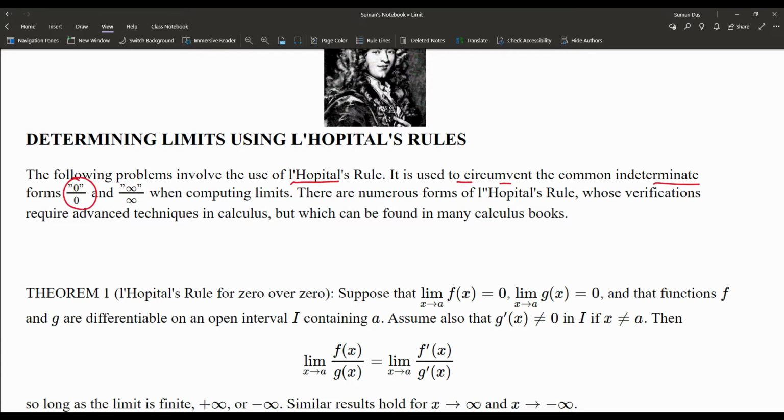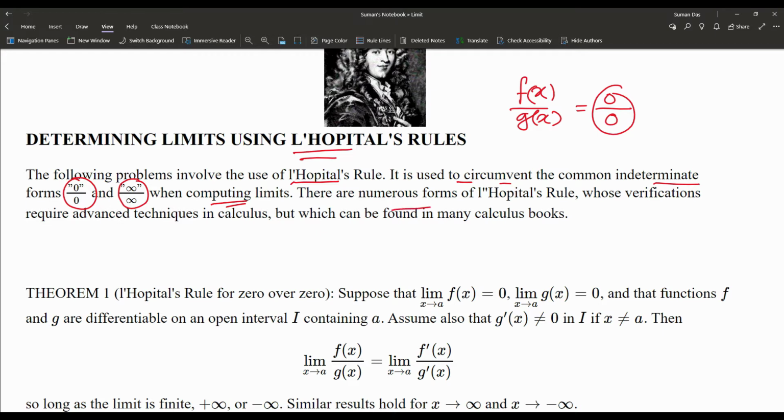That means when we have f(x) by g(x) and we are getting 0 by 0, and we are using the factorization method or the conjugate method to solve that type of limit problem, then we may use L'Hopital's rule. It is not limited to 0 by 0 only; we may also use it for infinity by infinity when computing limits.